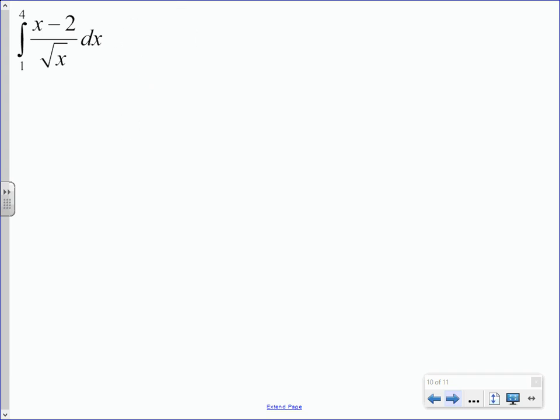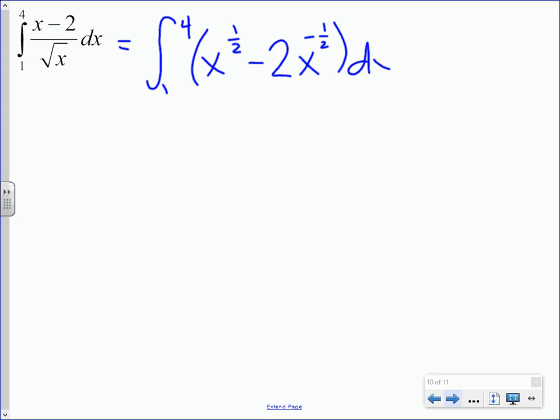Should we take the antiderivative right now? No. Avoid use substitution if you can. We can rewrite this as x to the 1/2 minus 2x to the negative 1/2. Do you agree? Yes.